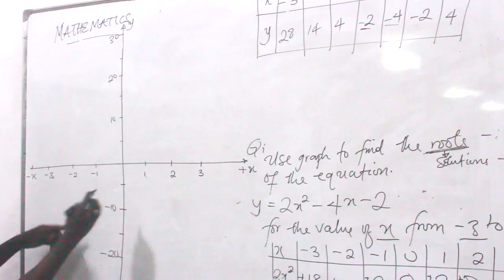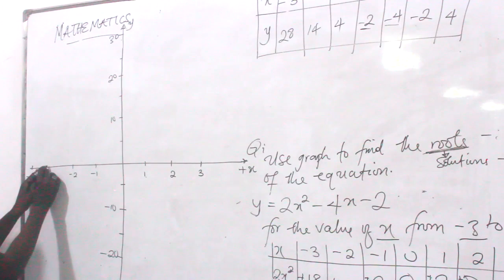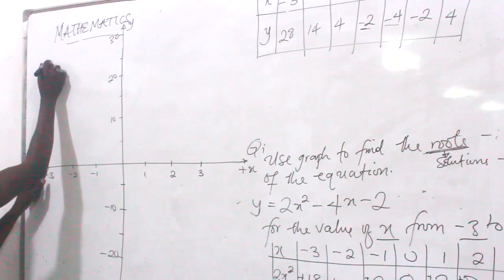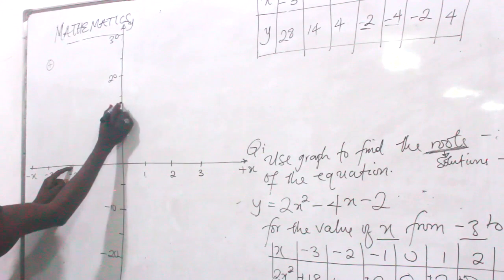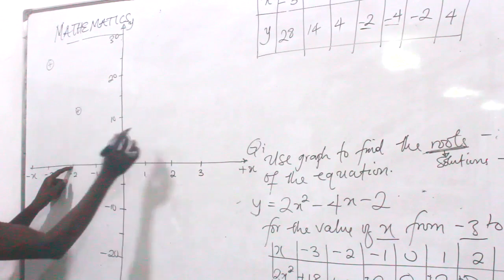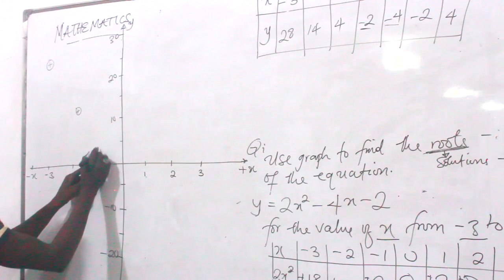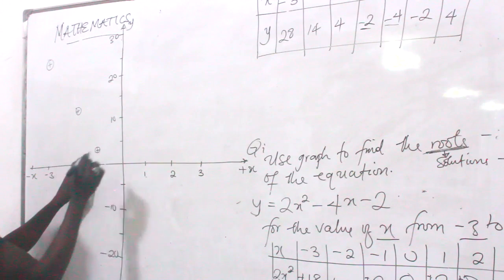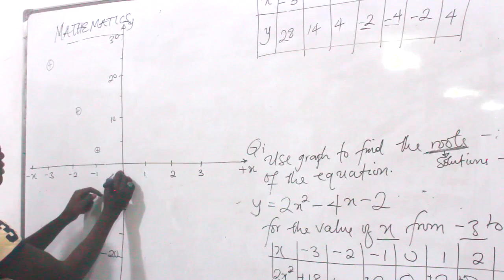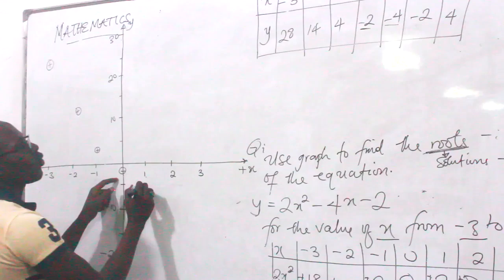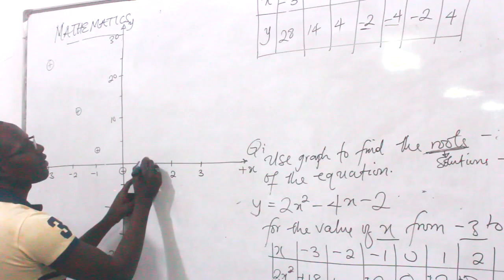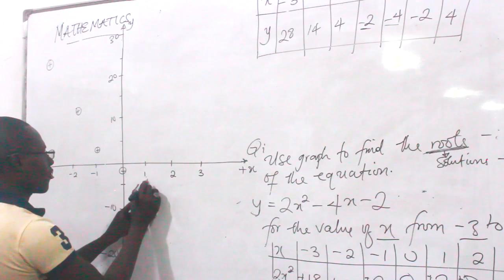When x is minus 3, y is 28, we assume here. When x is minus 2, y is 14. Let's assume 14 here. When x is minus 1, y is 4. Assume 4 here. When x is 0, y is minus 2. When x is 1, y is minus 4.